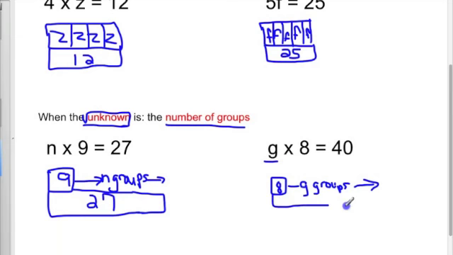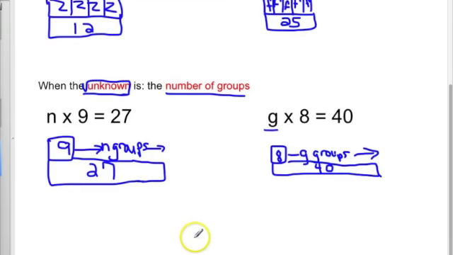So you should have a model that looks similar to this one. Okay? We don't know the number of groups, G groups, so we know 8 times G groups is 40. We don't know what those groups are.